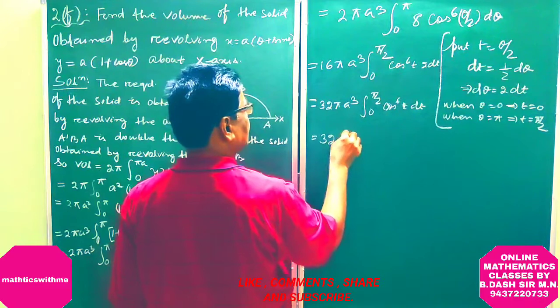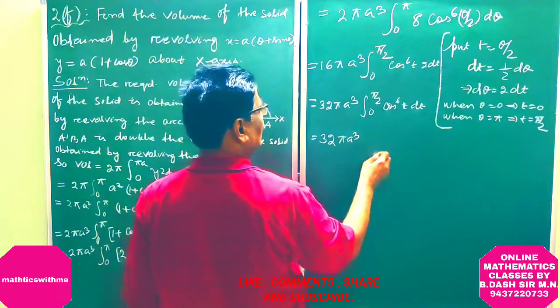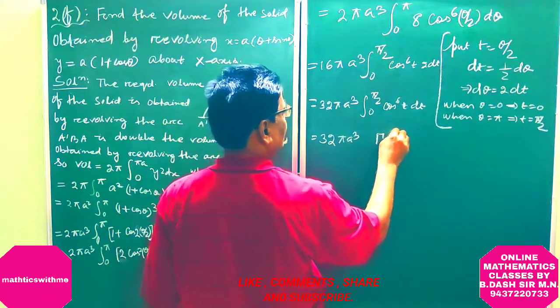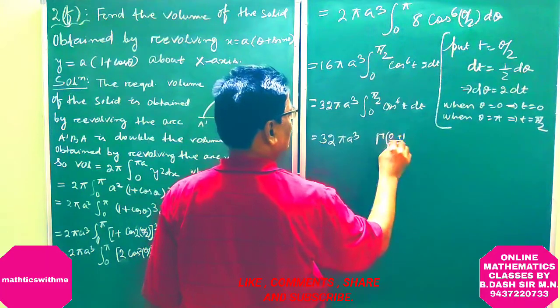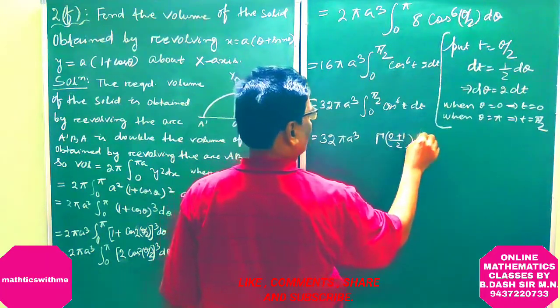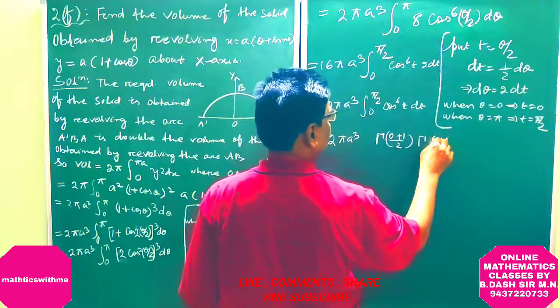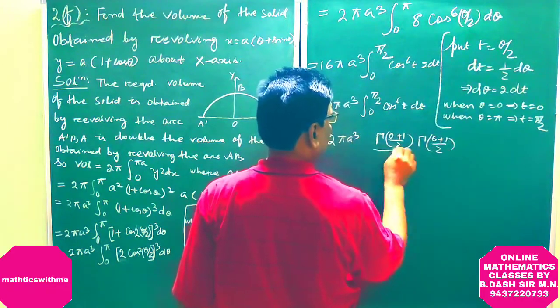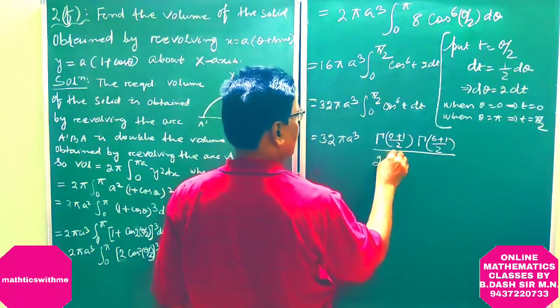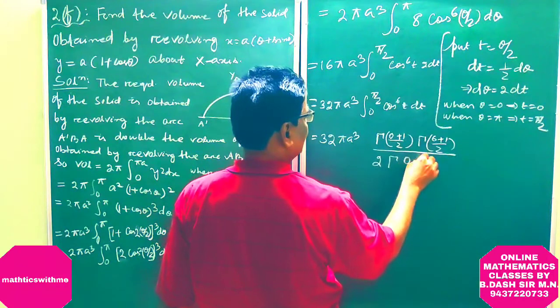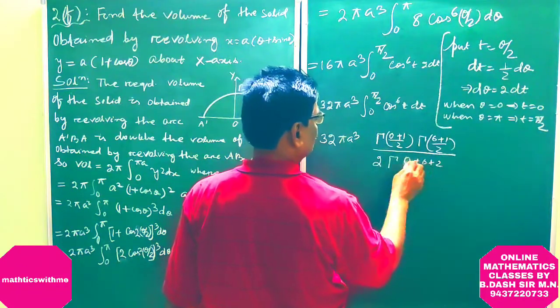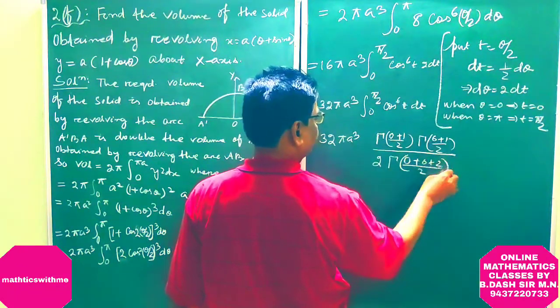Using the gamma function, we get Γ(0+1/2) Γ(6+1/2) over 2Γ((0+6+2)/2).